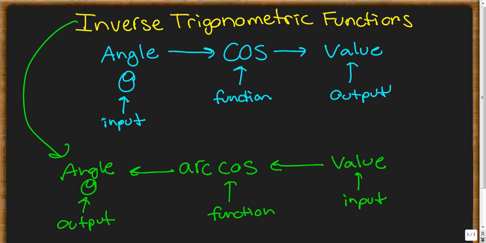It's a certain range of angles where the cosine of that angle would be the value that you inputted.